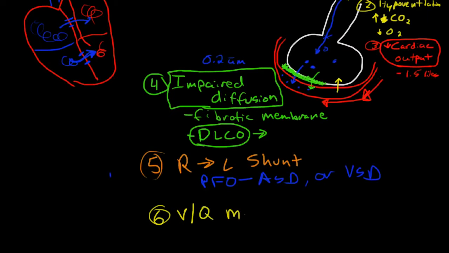VQ mismatch just means that blood, because of some kind of disease, is passing unoxygenated alveoli. So, in the most typical cases, this alveoli is filled with fluid or pus from infection.